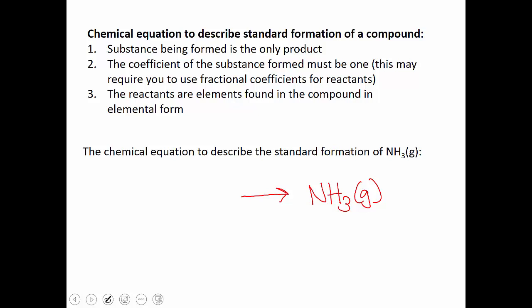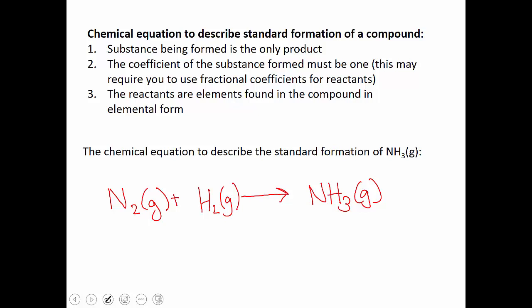We're going to identify the elements that make up the compound and what type of form they have when they are elemental. So our first element in NH3 is N, nitrogen. We know that nitrogen is diatomic, so we're going to have N2 gas as one of our reactants. The other element in this compound is hydrogen, which is also diatomic, so it's going to be H2 gas.